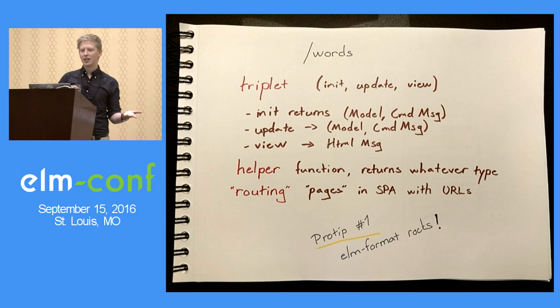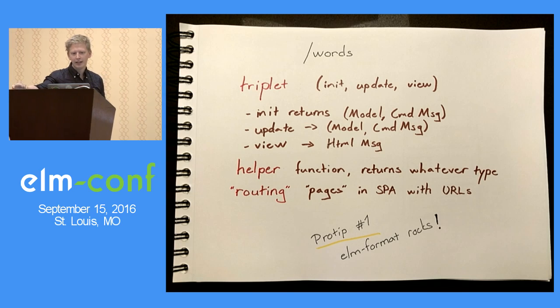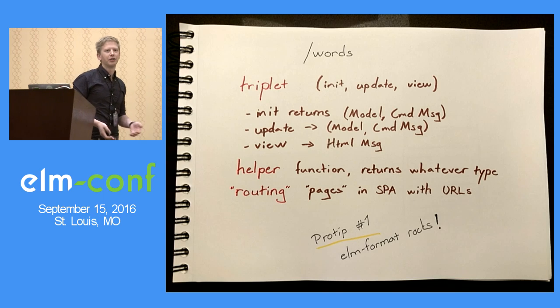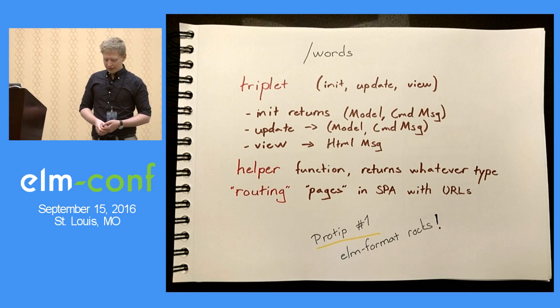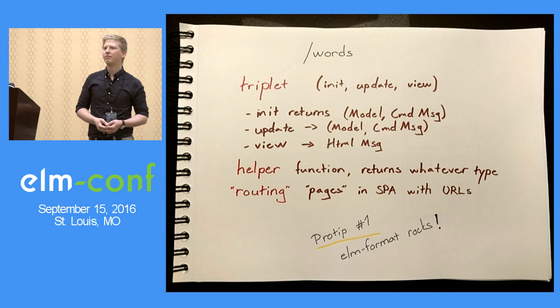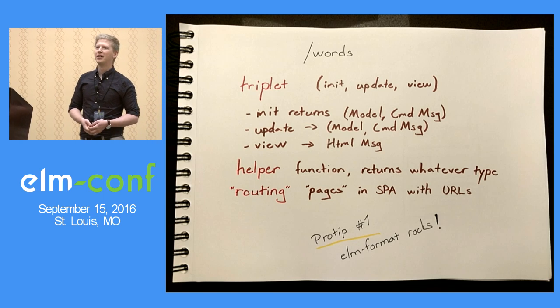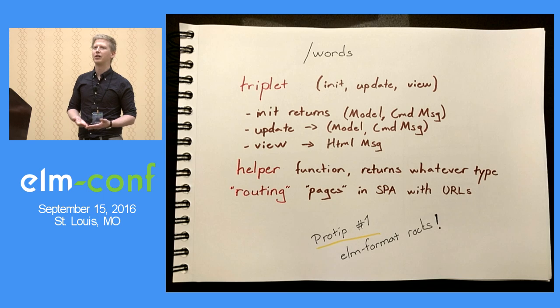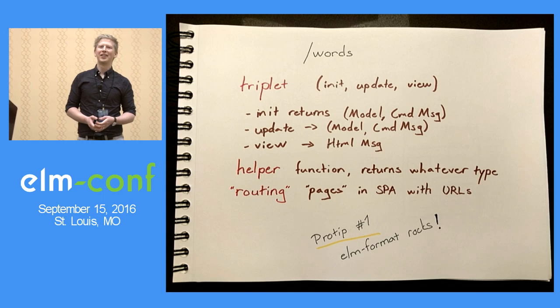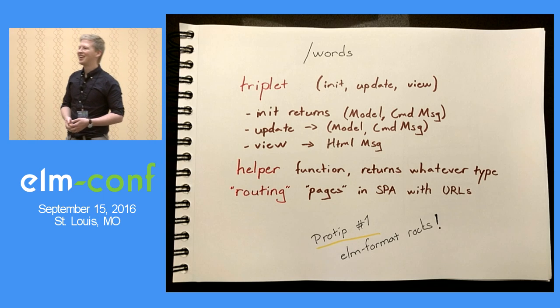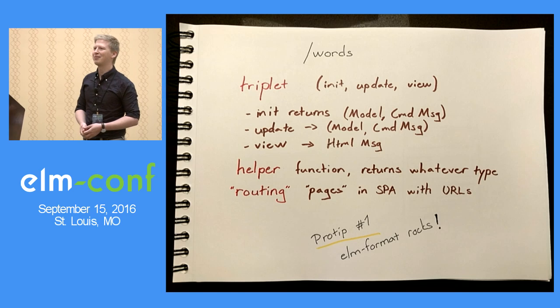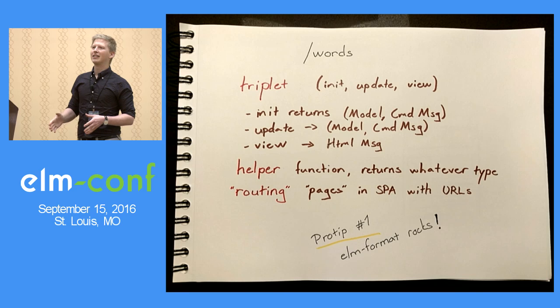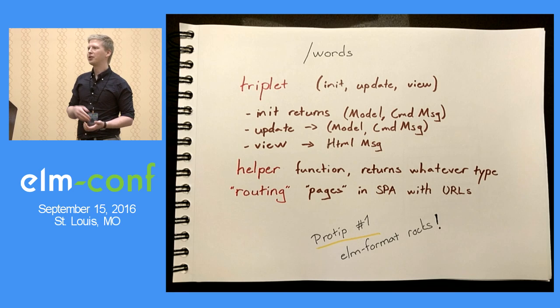The update is just the same, but it takes some parameters first. And then the view will return some HTML. Now, when I talk about a helper, I mean a function. It has whatever parameters and whatever return type you want. And when I'm talking about routing, which again is a controversial term, but anyway, I'm going to use that, I'm talking about the pages you can see in a single page application which have URLs.